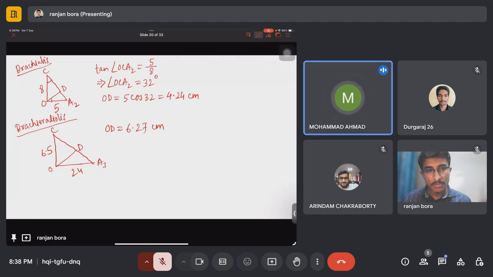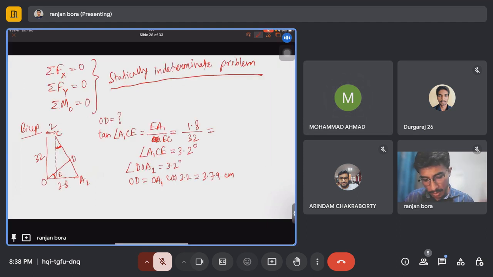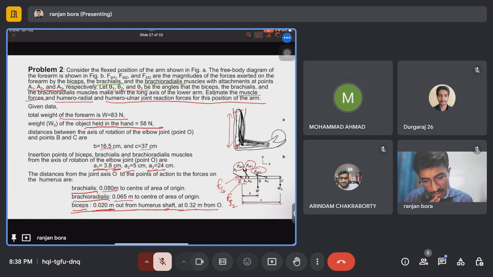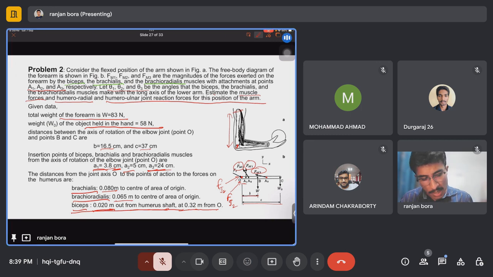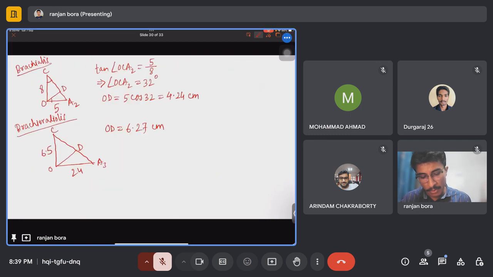Sir, A3 is 24 centimeters. Yeah, it is given in the question. This is A3, the insertion point. Here it is A3. So now we know the moment terms for all the muscles.